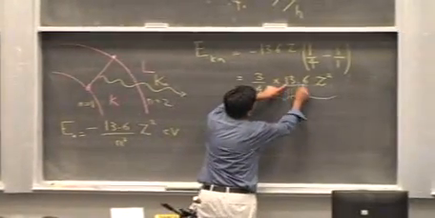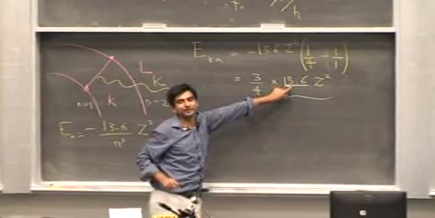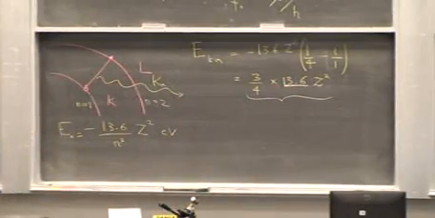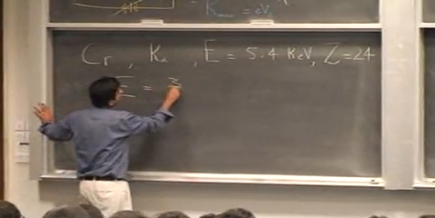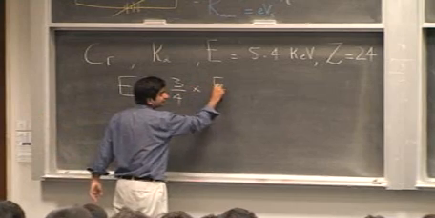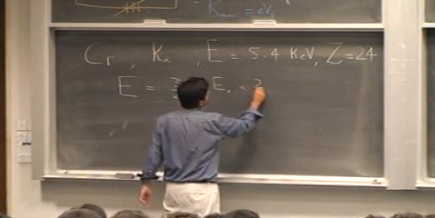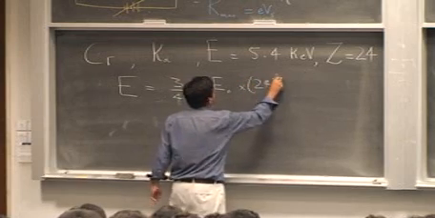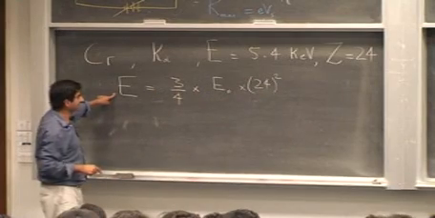Suppose this is an unknown, right? So my 5.4 kilo electron volts energy has to be equal to 3.4 into my unknown, which is E naught, into Z square, which is 24. Since this is in electron volts, I would like to put this in electron volts as well.